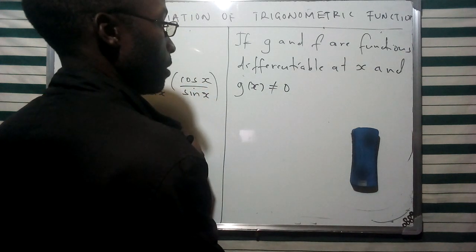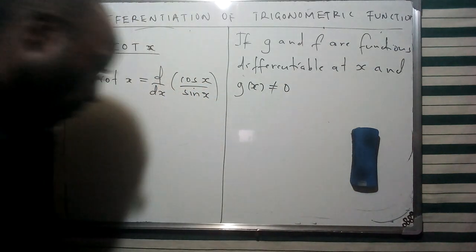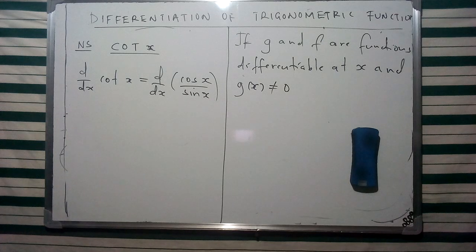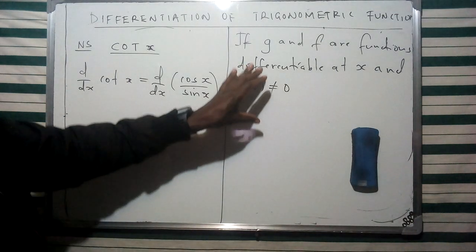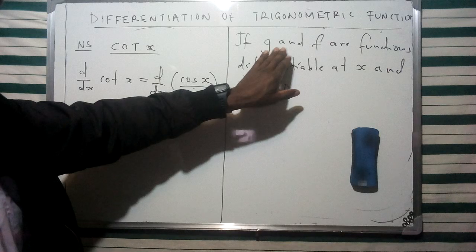If the denominator is equal to 0, especially when we have a quotient, then that function is undefined. So we are going to set this condition for the two functions g and f.